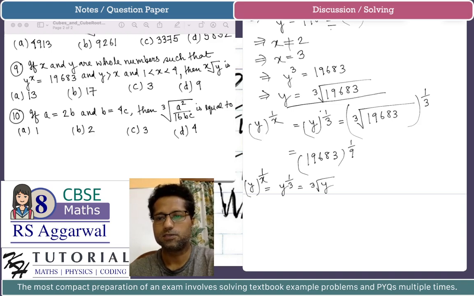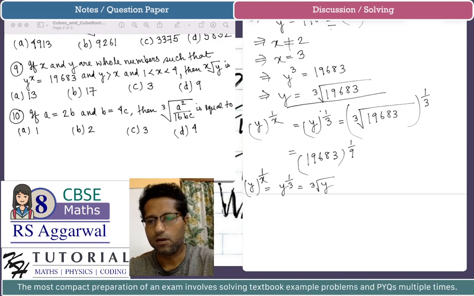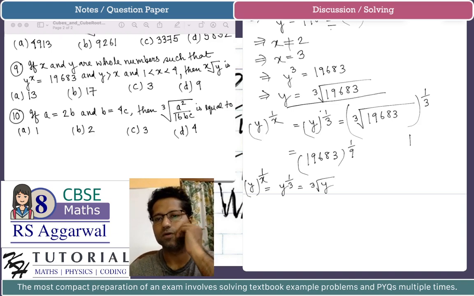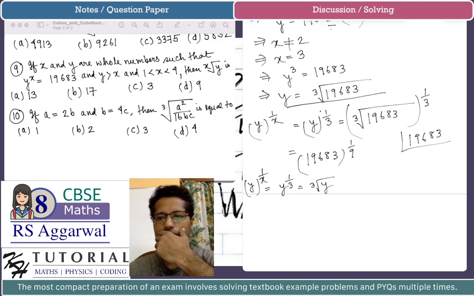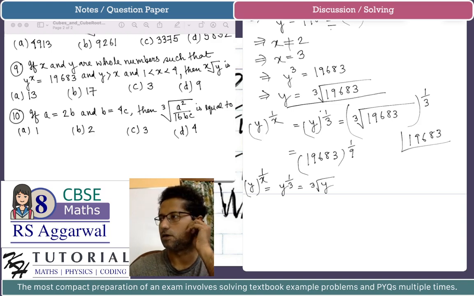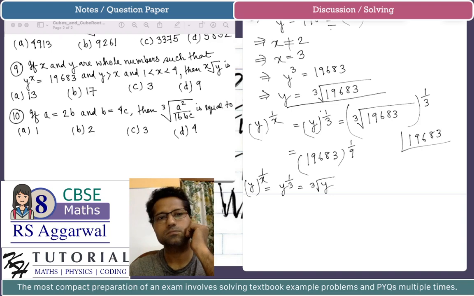Okay, so let's find out. We have to find the cube root of 19683 anyway, so let's do the prime factorization. Will it divide by 7? Because if a number ends with 3, there is a high chance its cube root will end with 7.